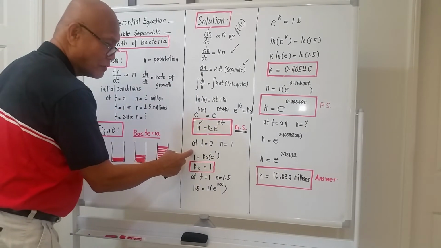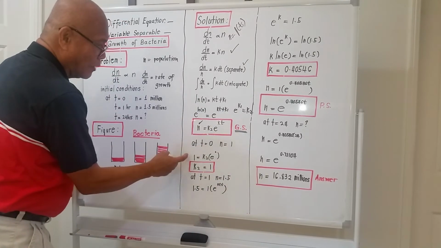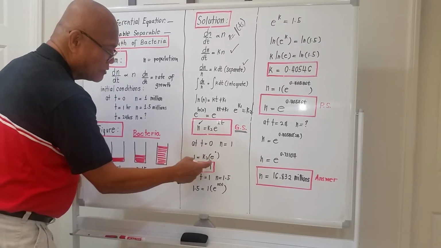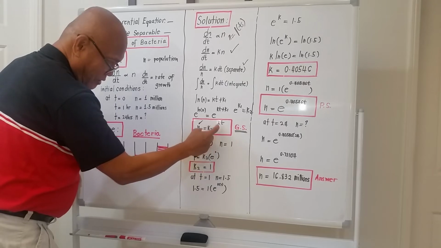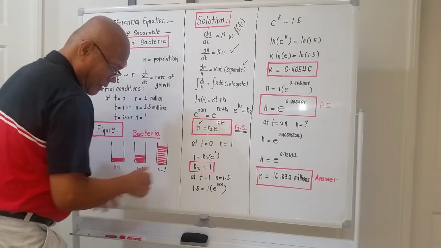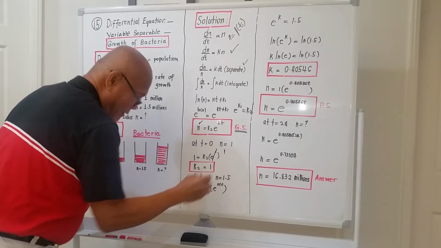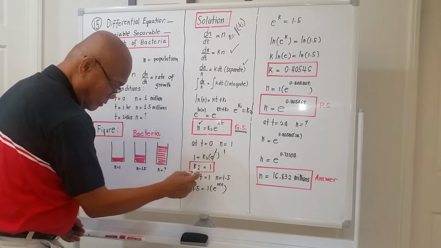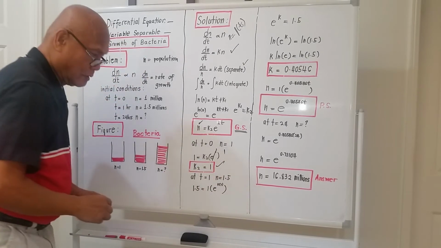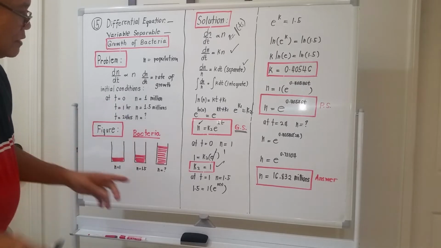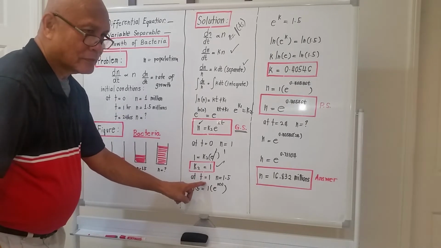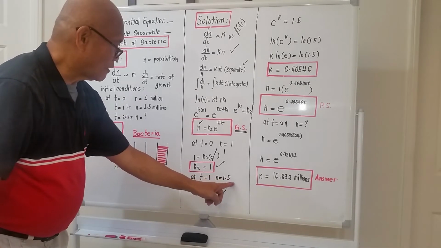At time t equals 0, n is equal to 1. So 1 equals k2 times e to the 0, because k times 0 is 0 and e to the 0 is 1, so k2 is equal to 1. Then at time t equal to 1 hour, n is actually 1.5 million.